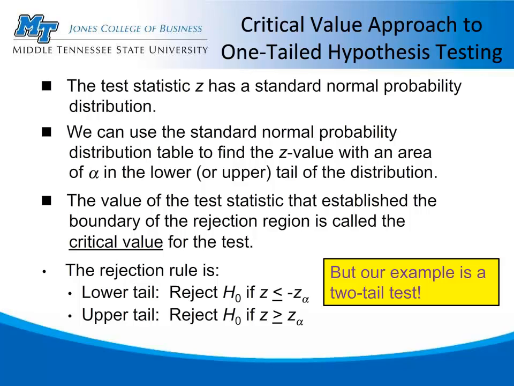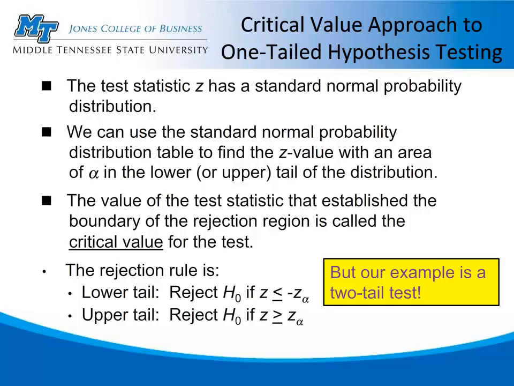Now, another definition for alpha, it's the probability that you're going to reject the null, assuming that the null is true. So alpha represents the probability of rejection. And you're going to put the reject null part in a tail if it's a one-tailed test.